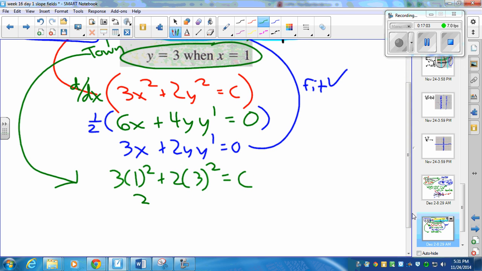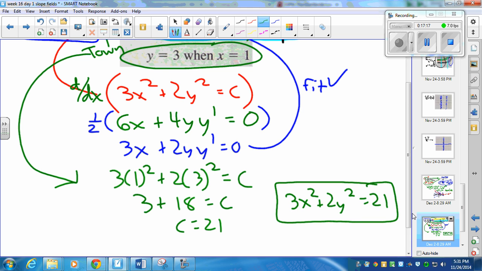So I got 3 plus 18, 21 equals that c. C has to be 21. So if c is 21, then my path would be 3x squared plus 2y squared equals 21. And now that path fits the slope field, and it goes through the specific point (1, 3).